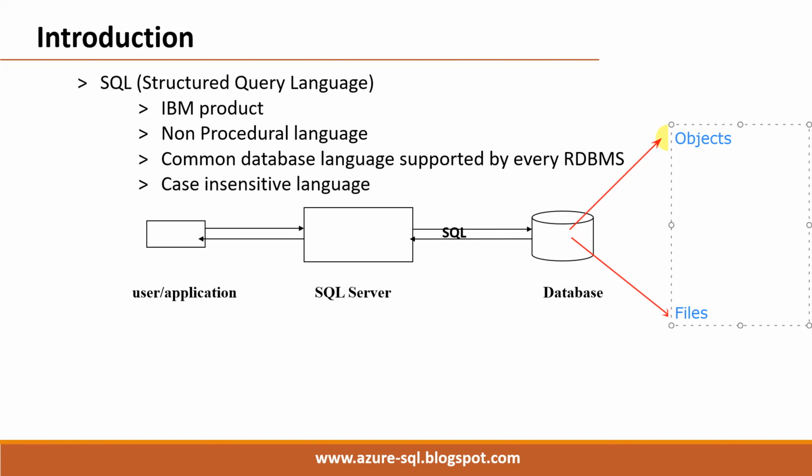We have mainly two types of files in a database: data files and transaction log files. We'll see that in detail later.